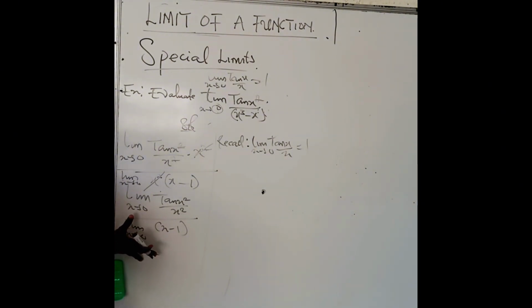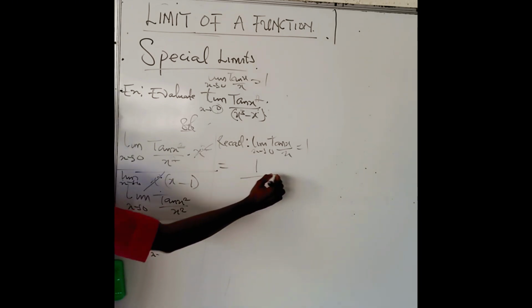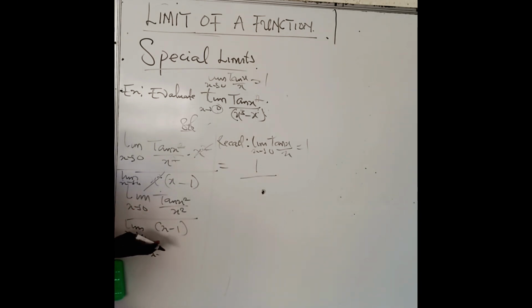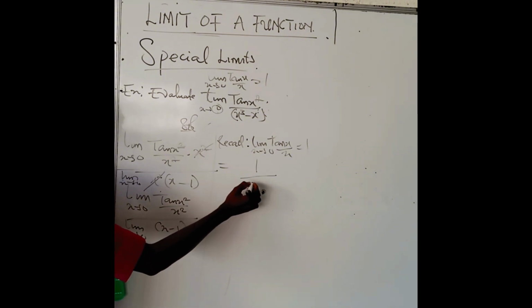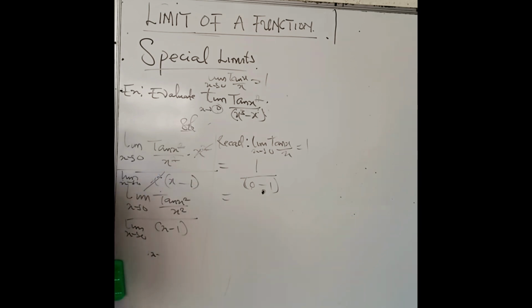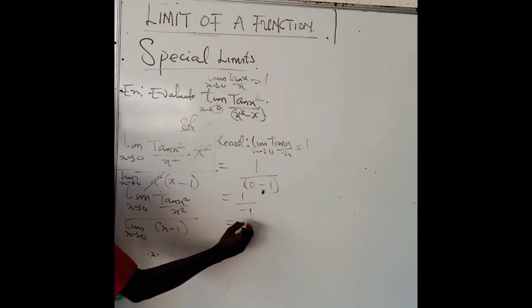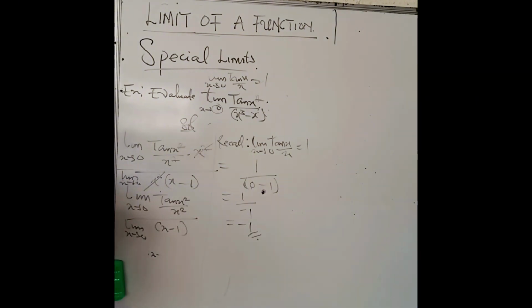So I can easily say that whenever I see this, the whole of this part is going to be 1. So that is 1 over, and s is 0, so you use the direct substitution method here: 0 minus 1. So your answer is now 1 over minus 1, which is minus 1.